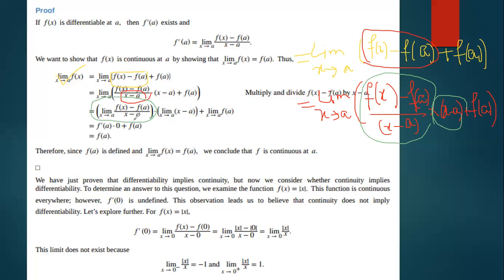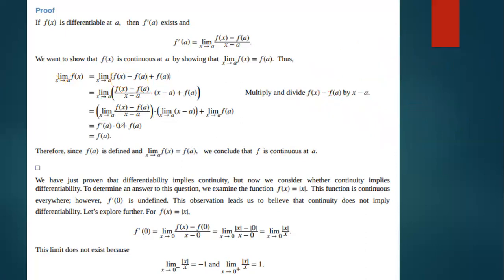When x approaches a, what will be the result? For this term, I know that this is the derivative of f at a, f prime of a, which is given in my equation number 1.